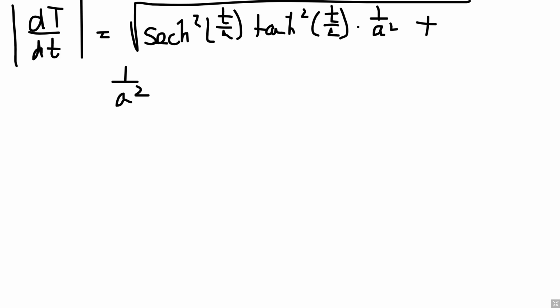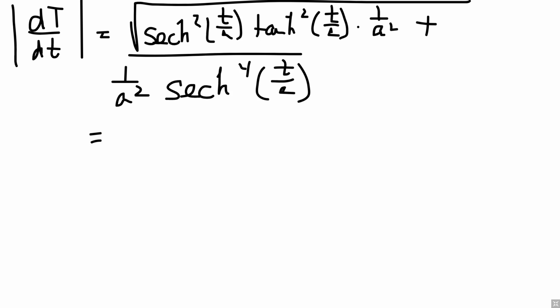So it's going to be 1 over a squared times secant hyperbolic to the fourth of t over a. Okay. So for this, you can factor out a 1 over a squared and take the square root of it. So that gives you 1 over a.